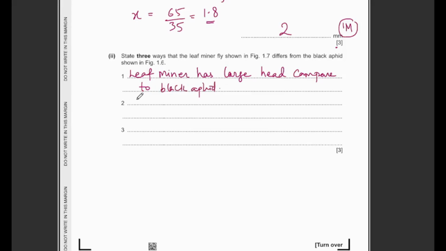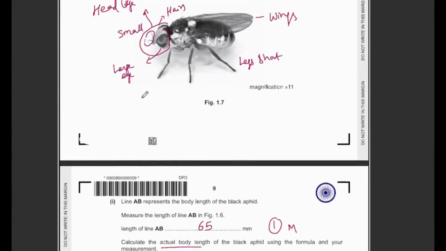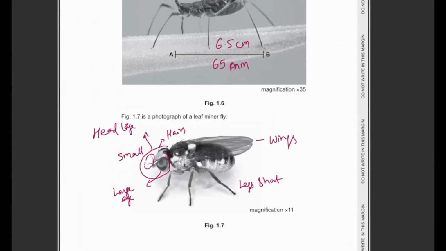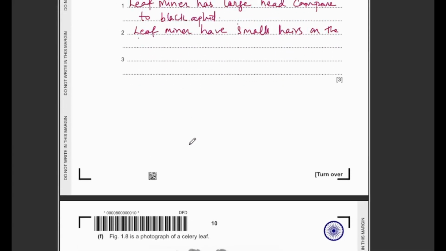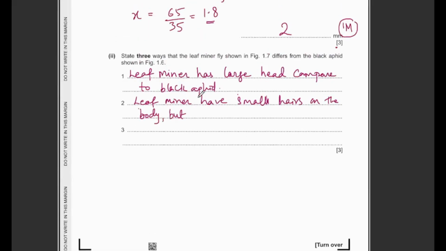Okay, second one, leaf miner has small hairs on their body. It is in the head region and also on the abdomen, so we will mention on body. So small hairs on the body, but aphids don't have.